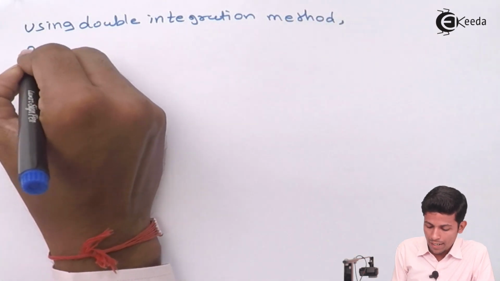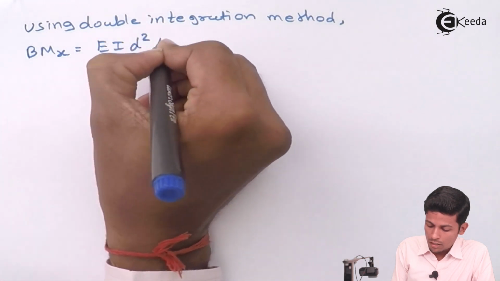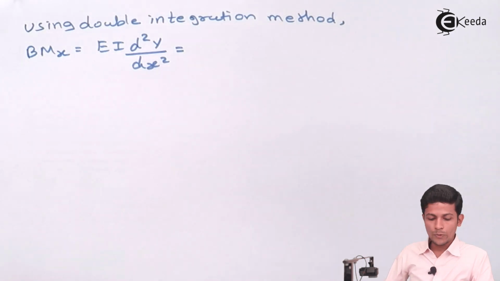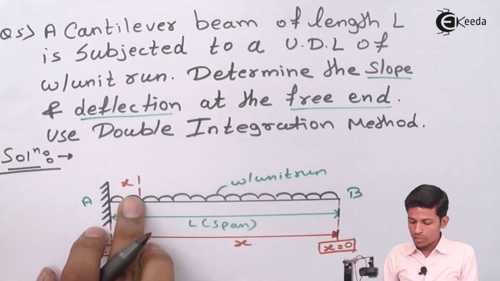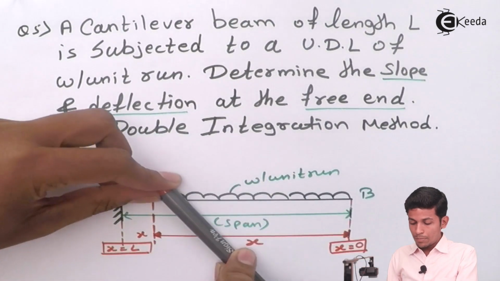Bending moment at x is EI d square y upon dx square, is equal to, now see, we are taking the section over here. This will go in this direction, means hogging.